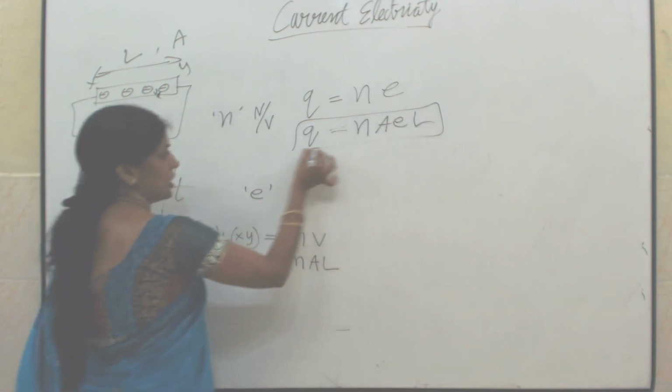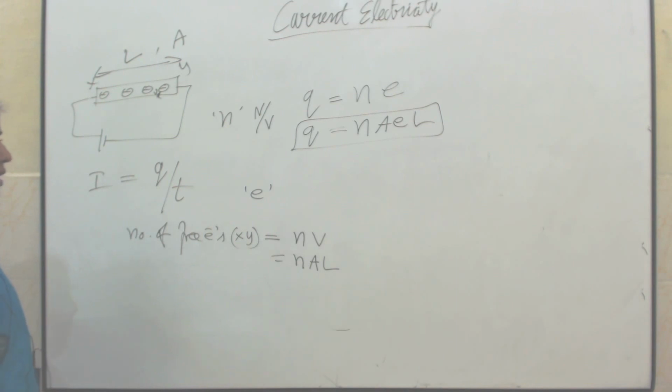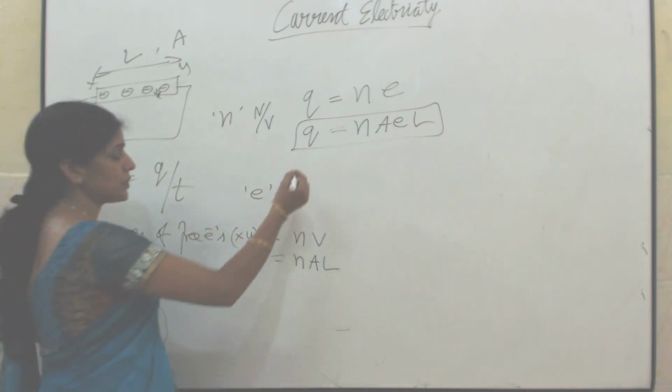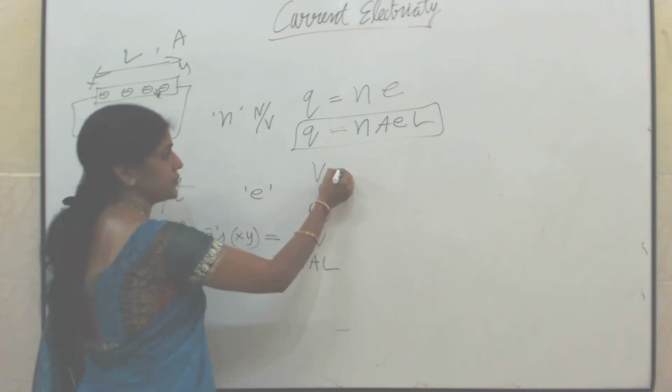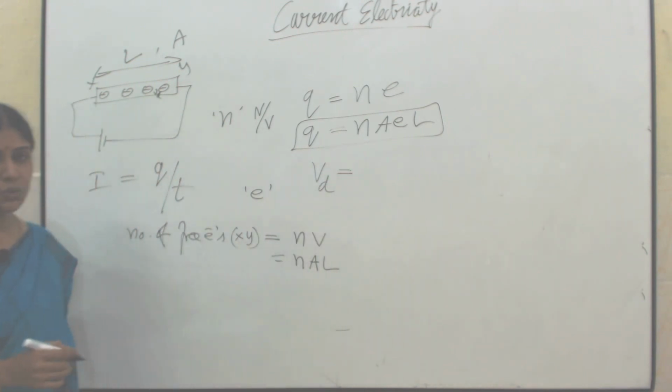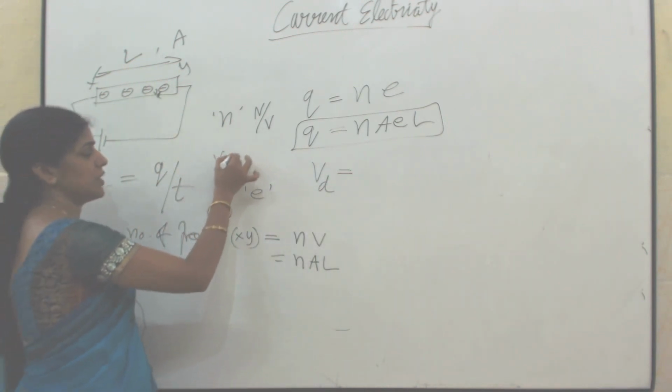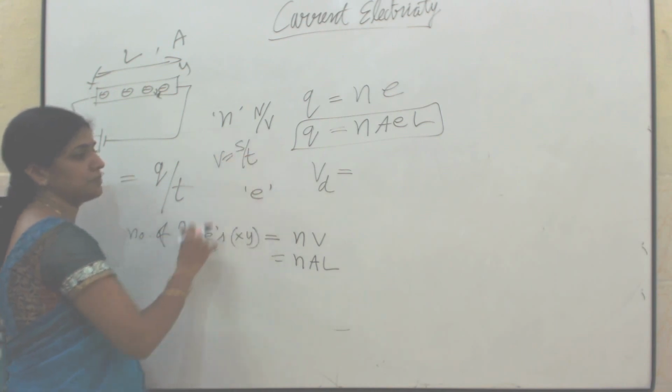So I know the total charge. Then can I find out the time taken for these charges to flow through this conductor? What is the velocity formula? Velocity is equal to distance by time.